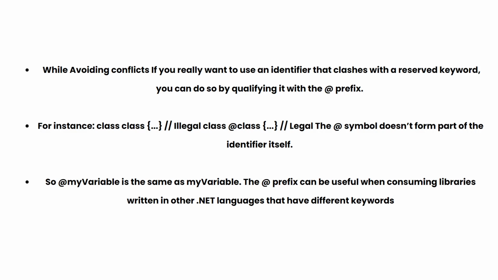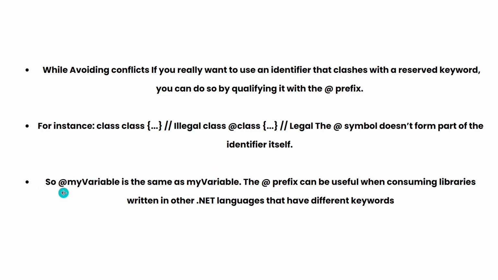While avoiding conflicts, if you really want to use an identifier that clashes with a reserved keyword, you can do so by qualifying it with the @ prefix. For example, if you want to give the class name as class, you can do that by giving the @ sign as a prefix.